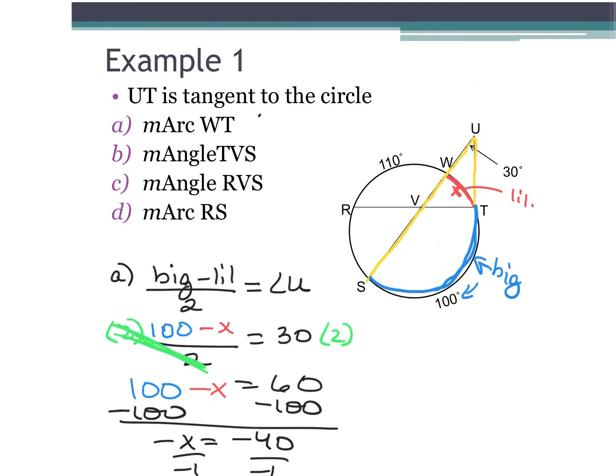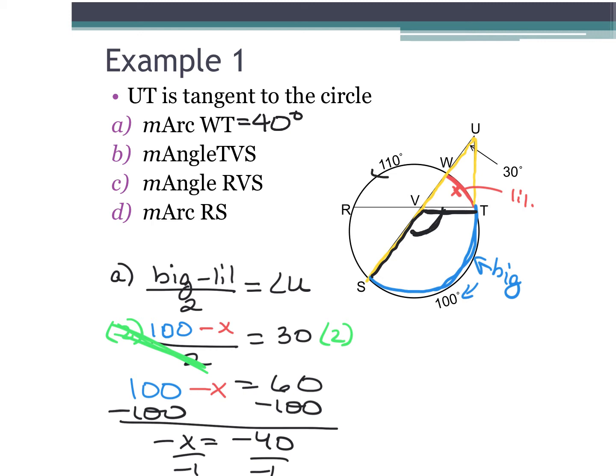Come back up here. The next question is asking me to find TVS. TVS is located right here. For this one, this looks like a floating angle. So I'm going to use my floating angle formula where I add the two arcs.